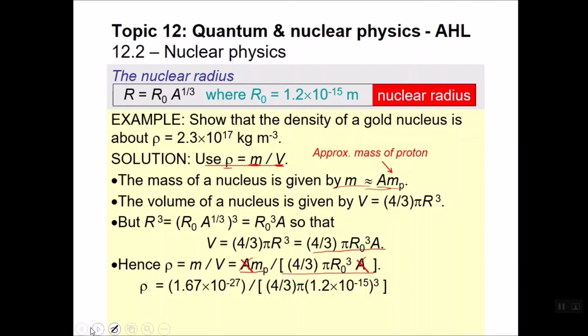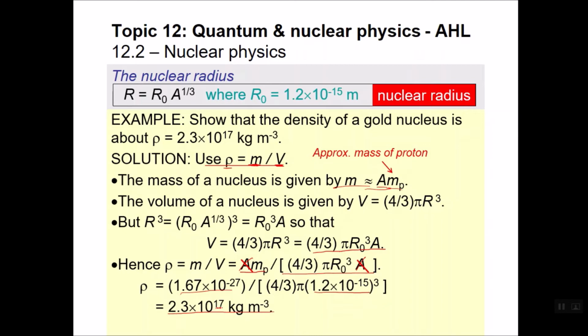It's all protons and neutrons, so they should have the same density. And so we substitute in what we have, the mass of a proton times 4/3 pi. This was the r naught that was given us, raised to the third, and we end up with a density of 2.3 times 10 to the 17th kilograms per cubic meter.